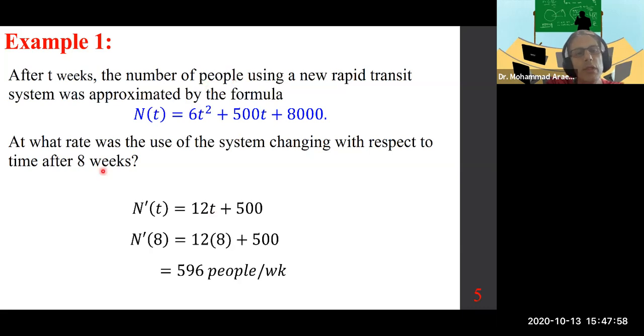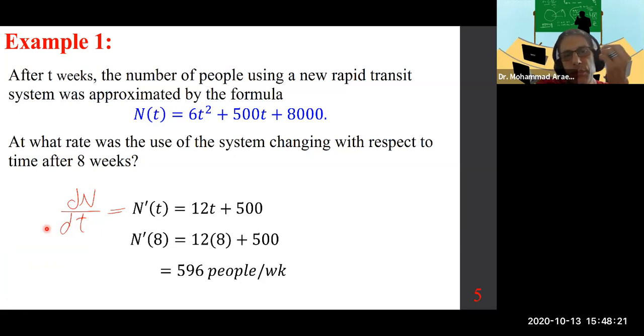per week. Okay, remember what n prime is if we rewrite it in the following manner: dn/dt in Leibniz notation, we can easily pick up the units. I want to make sure that we understand the units. So what does it mean?